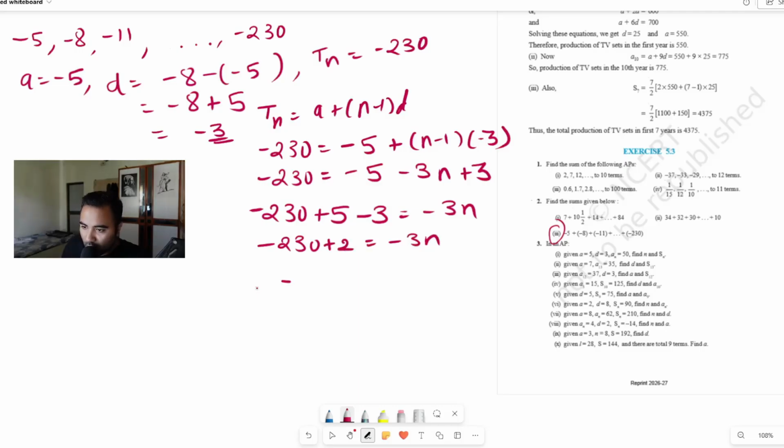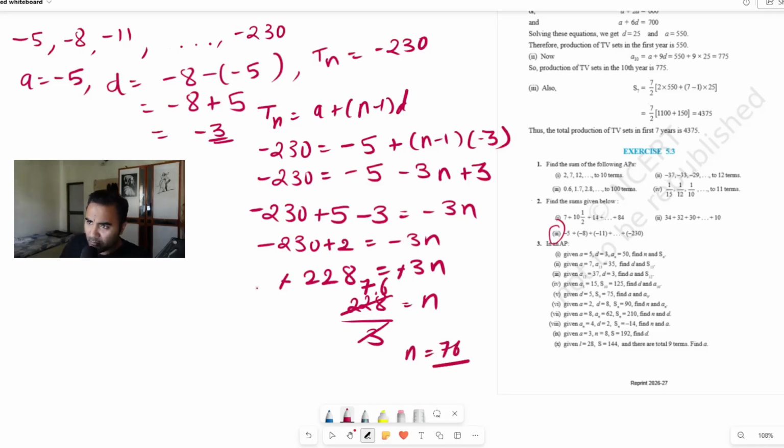Minus 228 is equal to minus 3n. Negative is cut. 228 upon 3 is equal to n. Is this divisible? 3 7s are 21, 3 6s are 18. So we know that n is equal to 76, meaning minus 230 is the 76th term, right?